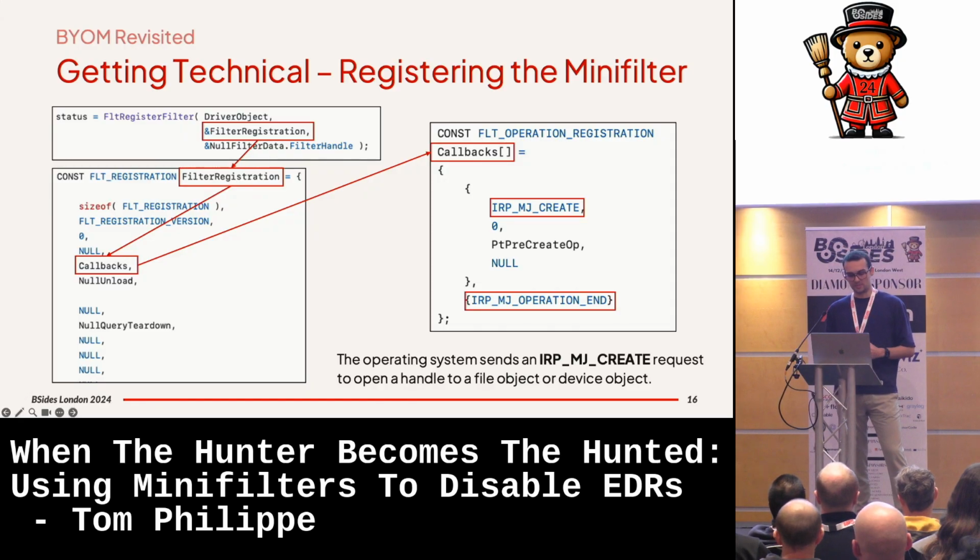Now, more interestingly, the first element has 4 sub-elements. First argument is probably the most important. It's that IRP_MJ_CREATE. It's the value that says we want to intercept any file system event when a file handle is created. So that happens when you try to access a file, that happens when you try to create a file.